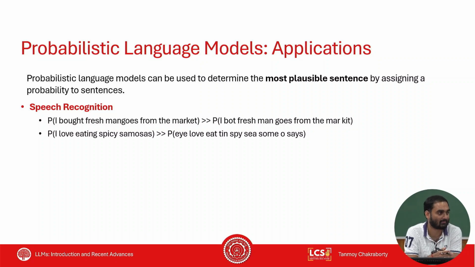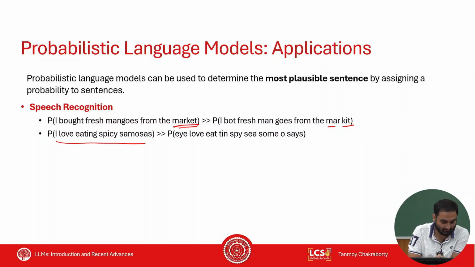One of the applications is speech recognition. Let's say you say, I bought fresh mangoes from the market, right? Let's say somebody spoke something and you recorded it and now you translate it, right? And non-native English speakers, their speaking is very different, and if you translate the speech to a text, it may happen that you mistakenly consider market as mar or kit, right?